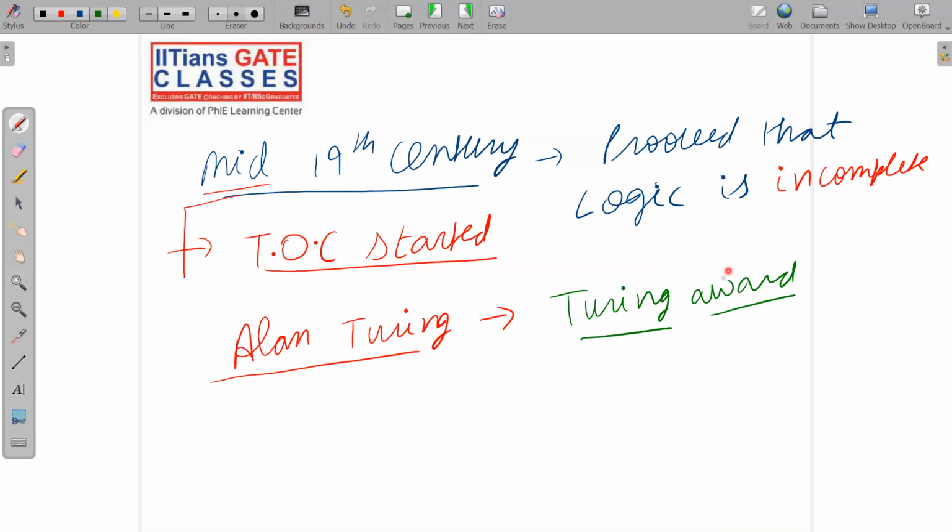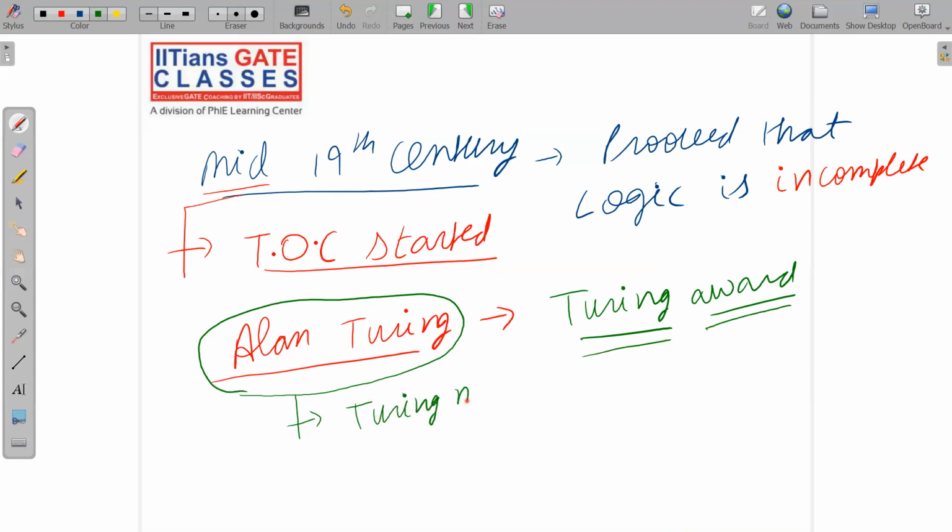But the highest award given to any computer scientist is the Turing Award, just because of Alan Turing. He made a machine called the Turing machine, and with its help, he proved that logic is incomplete.